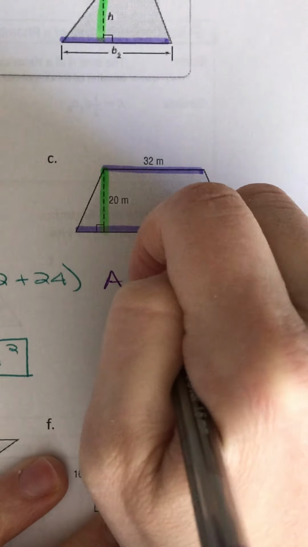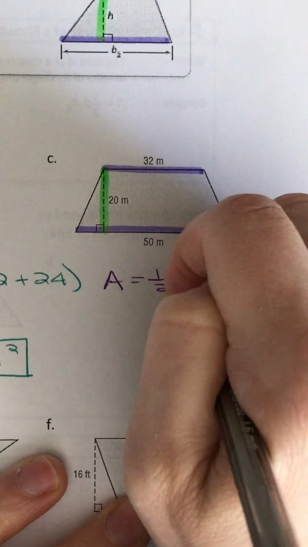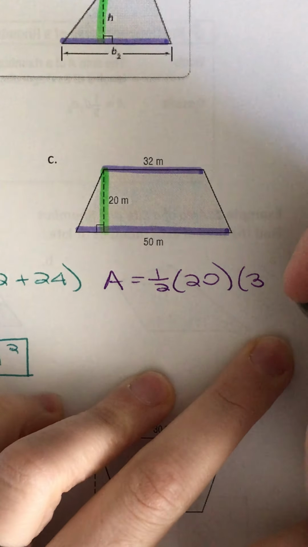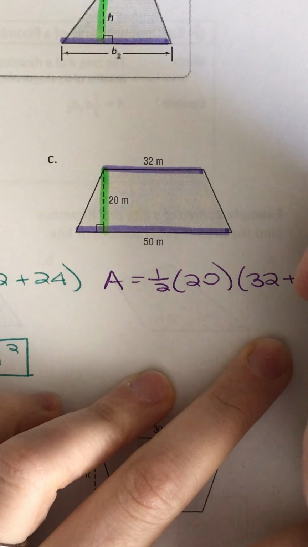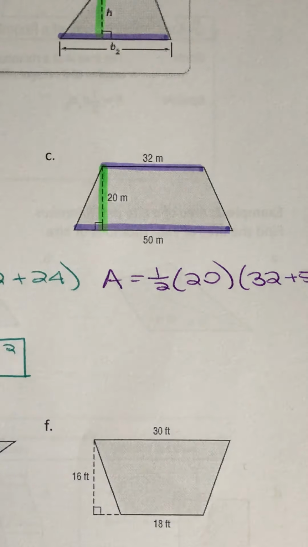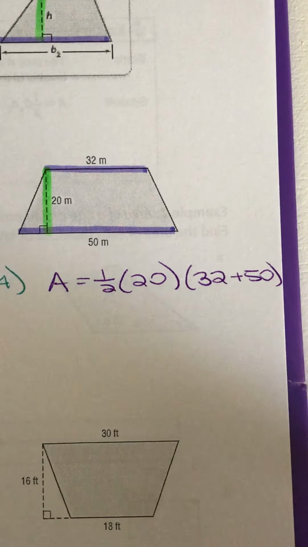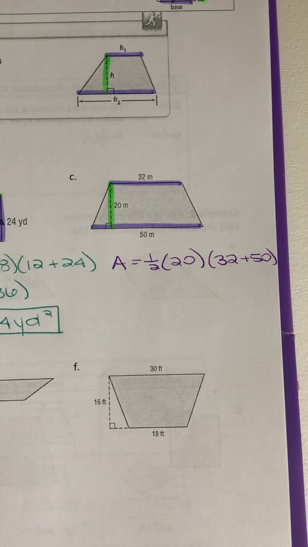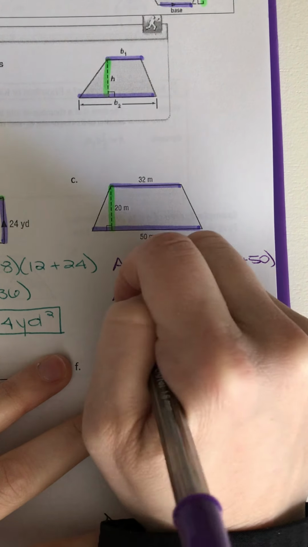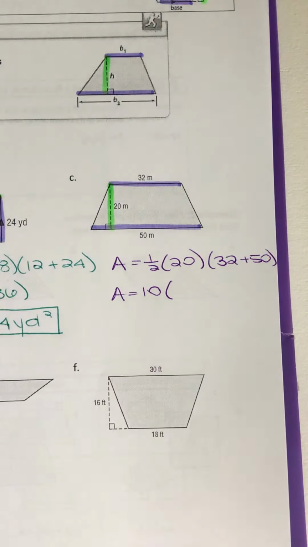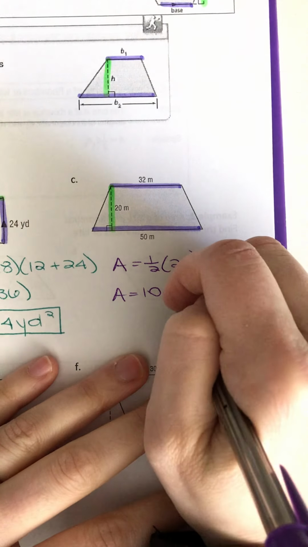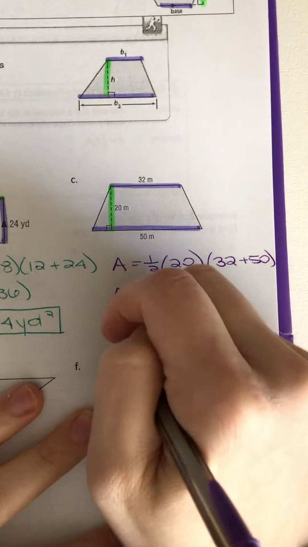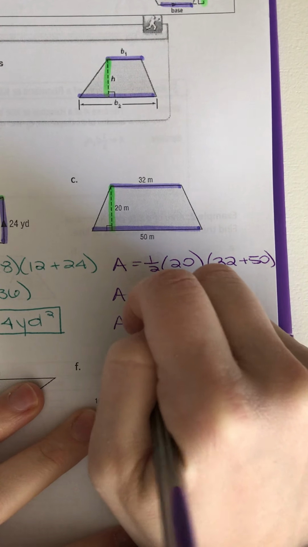Area equals 1/2 my height times the sum of my bases. One half of 20 is 10. 32 plus 50 is 82. 10 times 82 is 820.